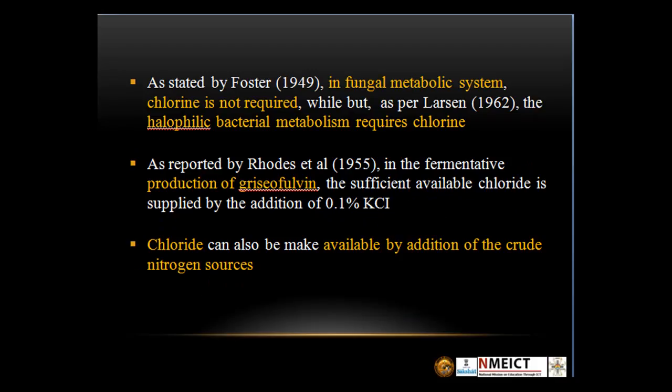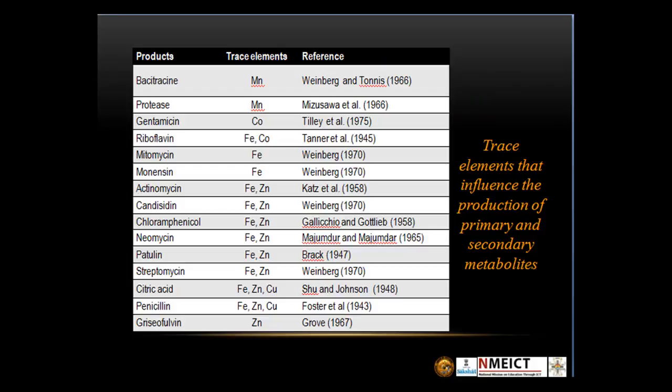The following table shows the effect of concentration of trace metals on the production of primary and secondary microbial products, besides their requirement for maximum growth. You can see from the table that manganese is required for the production of bacitracin. Manganese is also required for the production of protease. Cobalt is required for production of gentamicin.